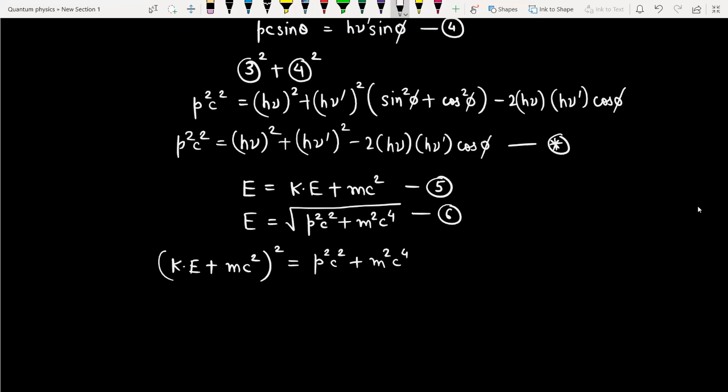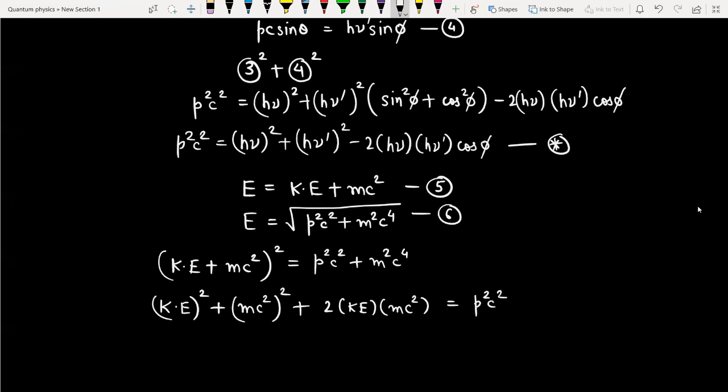Now we can open this square, so we get kinetic energy whole square plus mc square whole square plus 2 times kinetic energy times mc square is equal to p square c square plus m square c raised to the power 4.